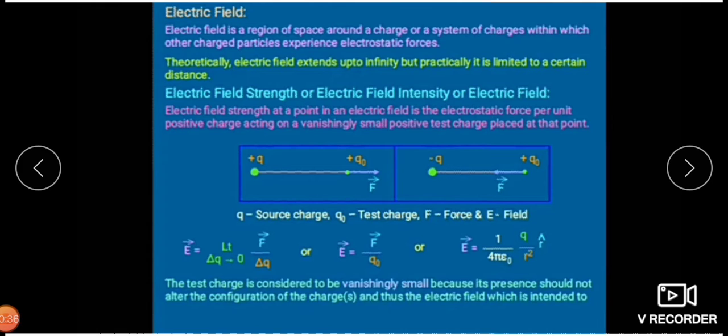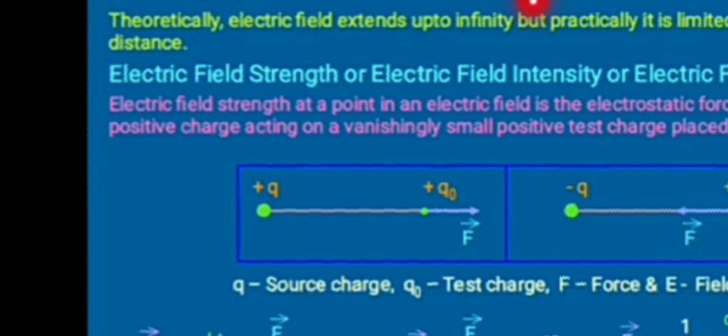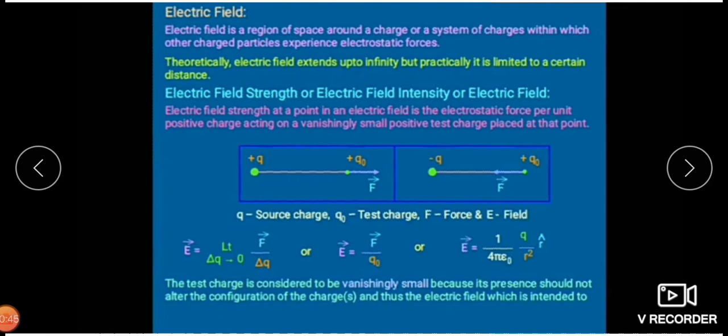Electric field is defined as the region of space around a charge or a system of charges within which other charged particles experience electrostatic forces. This concept of electric field was given by the scientist Faraday.